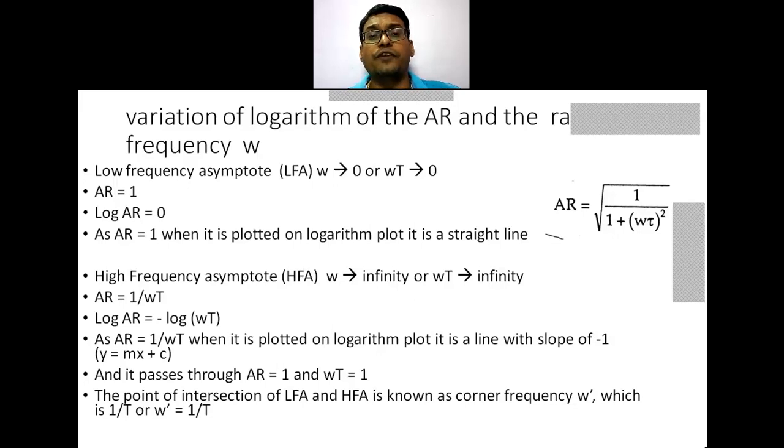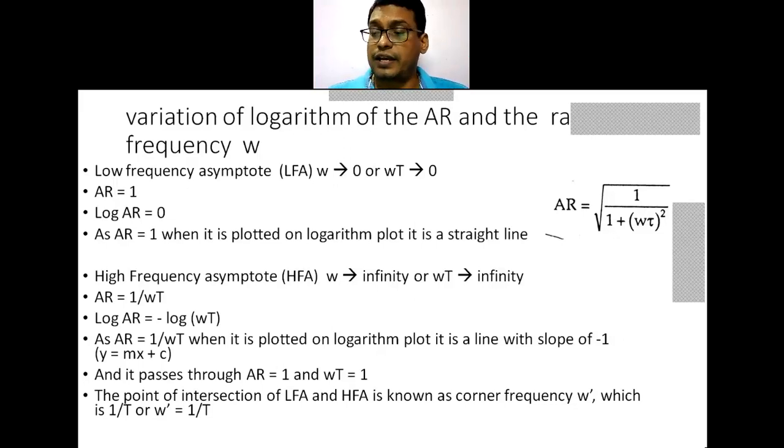Now, for the low frequency asymptote, when we define it, omega tends to 0. It is not actually 0, it tends to 0. That means it will have very low values. There is a difference between the actual 0 and values tending towards 0.